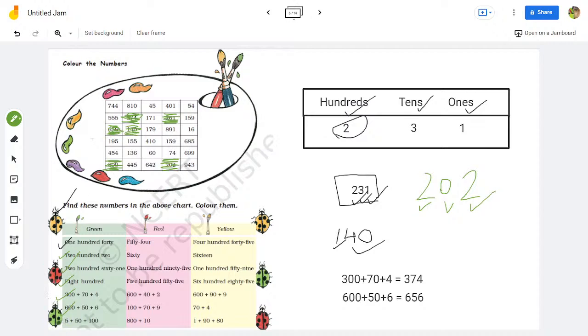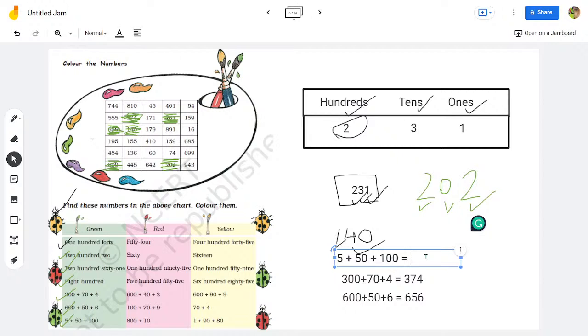Now the next number is 550. We have 5, 50 and 100. Now this is written in an inverted way. Can you see they have written that as 5, add 50, add 100. Now don't get confused over here. 5 is written without any 0, which means we have 5 in the ones column. 50 has only one 0, which means we have 5 in the tens as well.